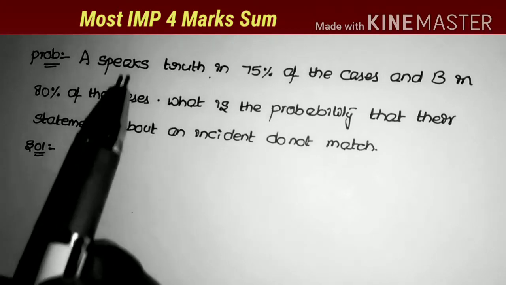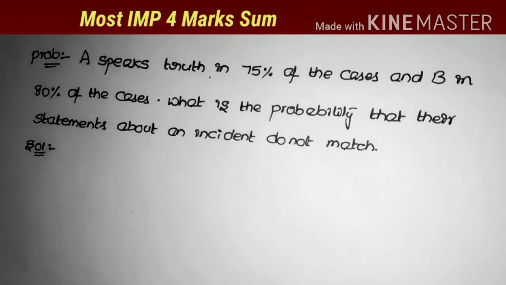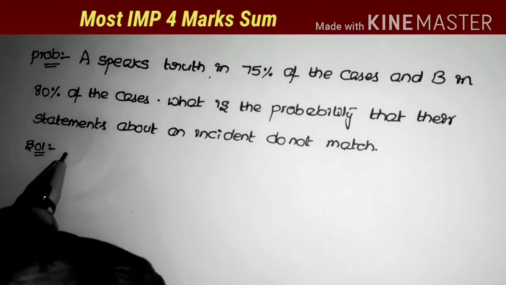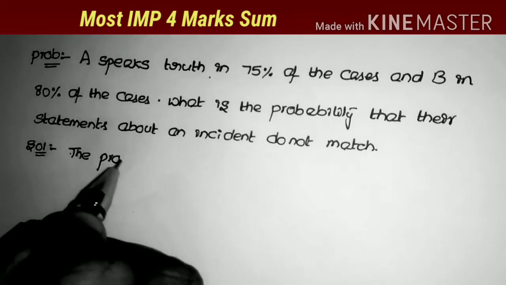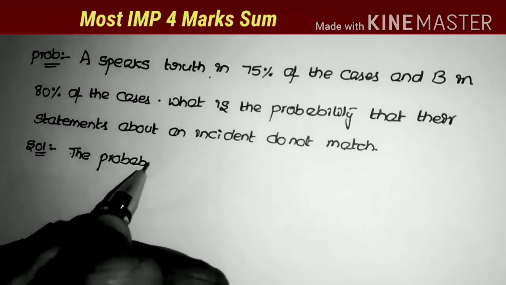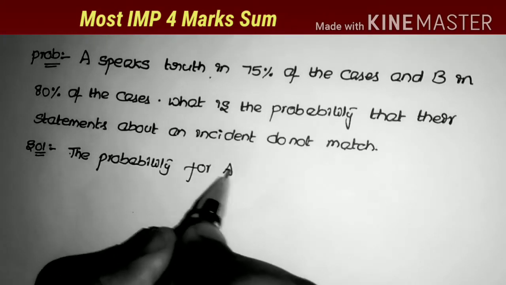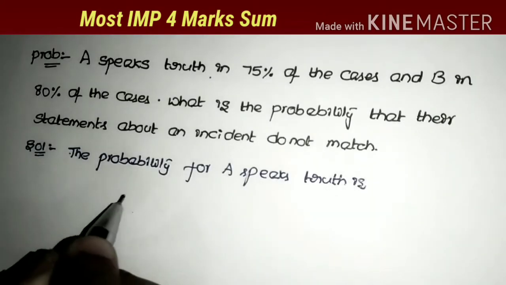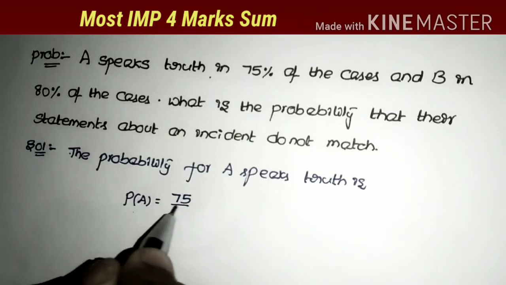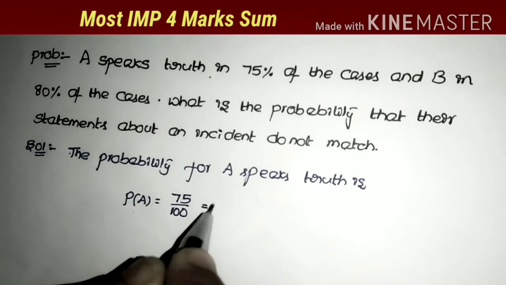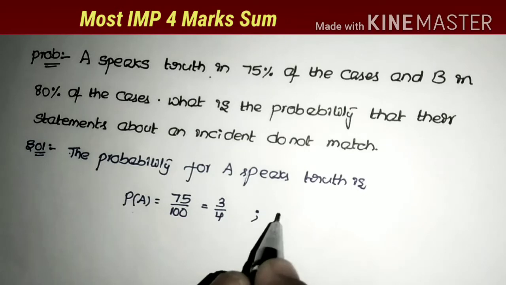Given data: A speaks truth in 75% of the cases. First I write the given data here. The probability that A speaks truth, P of A, is equal to 75%. 75% means 75 by 100, and by cancellation we get 3 by 4.